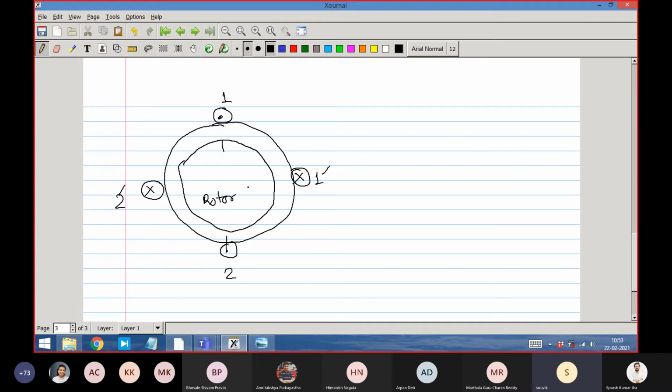I am developing the voltage induced equation. So for a 4-pole machine, what is the voltage induced equation? The magnetic field has been created due to whatever reasons. Reasons could be current in the stator coil as well as current in the rotor coil. But when I'm concentrating on the voltage induced in the stator coil, I must not lose focus. I must think that this is a stator coil and a magnetic field is there in the air.